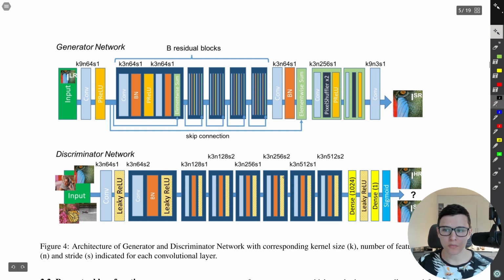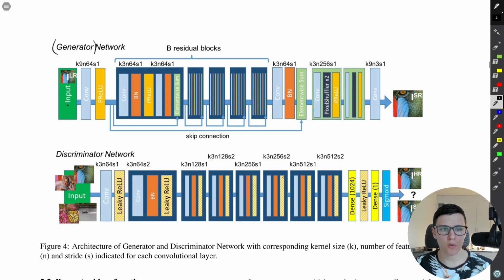So up here we have the generator, which is what produces these high quality images with an upscale factor of 4, for example. So first of all, let's start from the left. We input a low resolution image. In this case, we send it through a conv layer with kernel size 9, 64 filters, and a stride of 1. And then the padding is kind of inferred, but for all of these, it's going to be same padding.